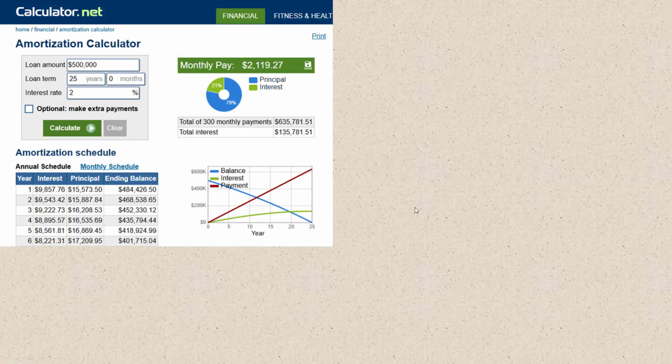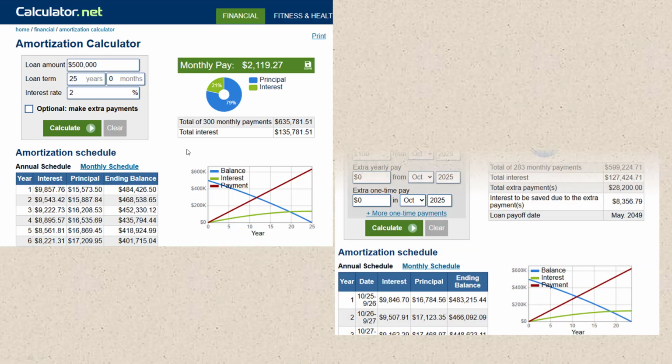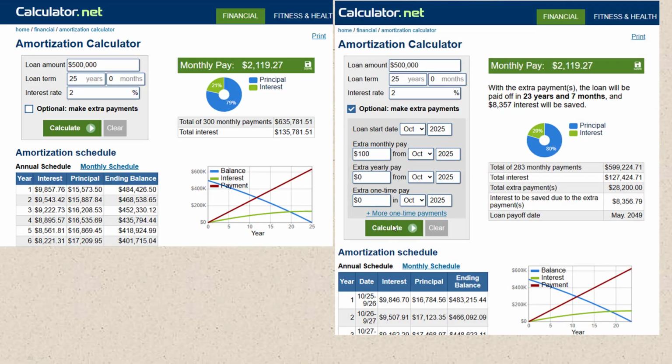Now, this next one, again, this is the standard one. So we're going to make an extra monthly payment. So instead of paying $2,119.27, we're going to put an extra $100 down and see what difference that makes. So you'd actually be paying $2,219.27. Right?